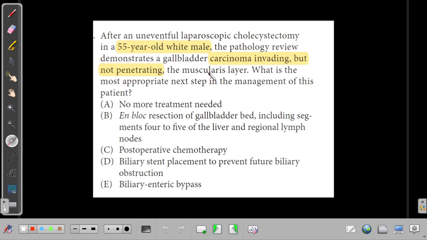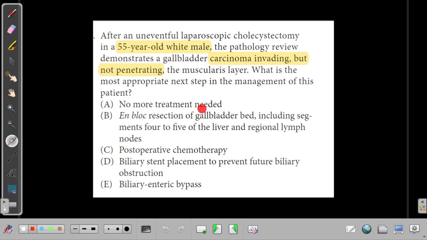Let us see what is the most appropriate next step in the management of this patient. You did lap chole for a guy and the histopathology came with a surprise. He is harboring gallbladder carcinoma T1B. What are you going to do?